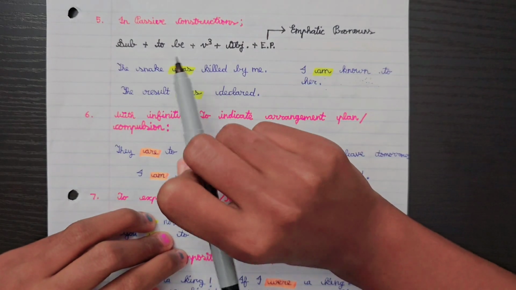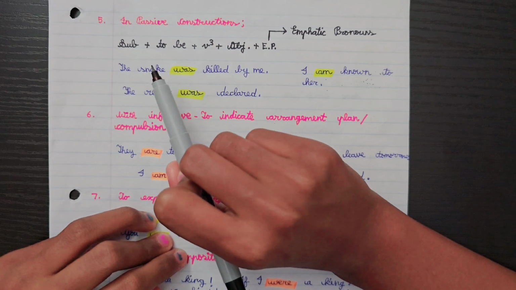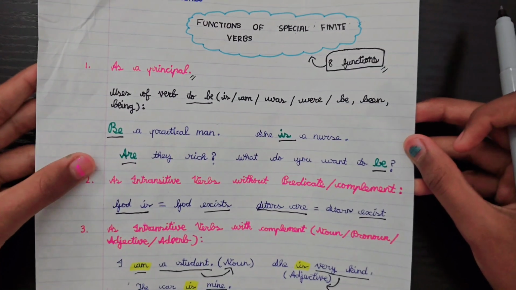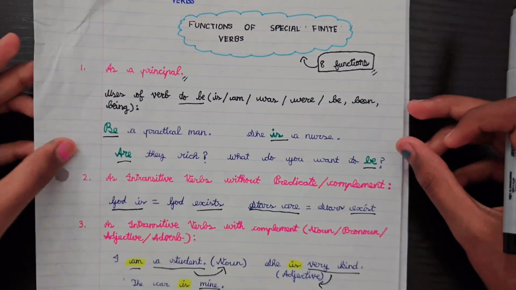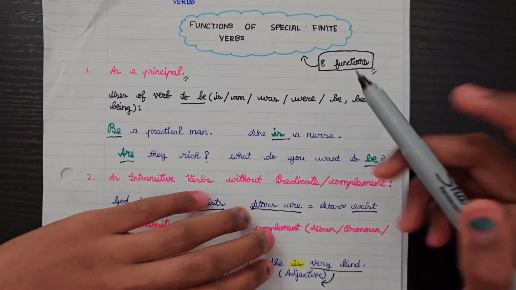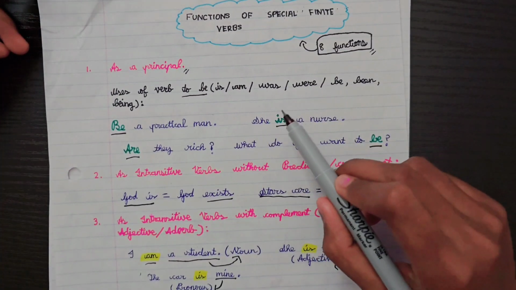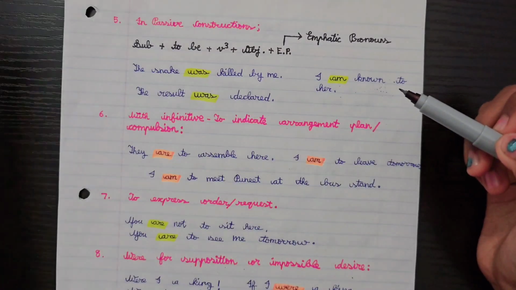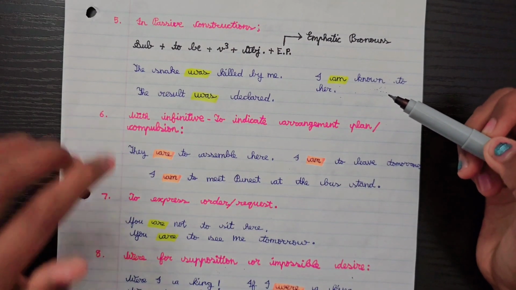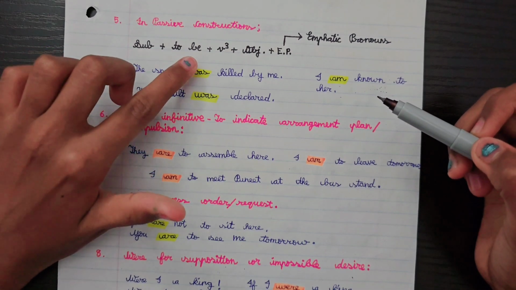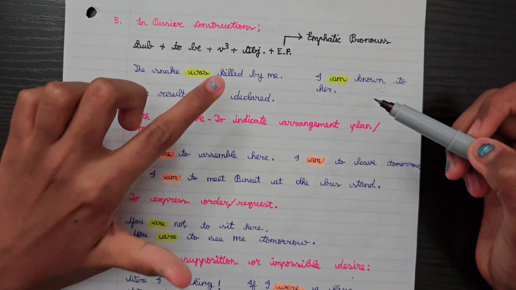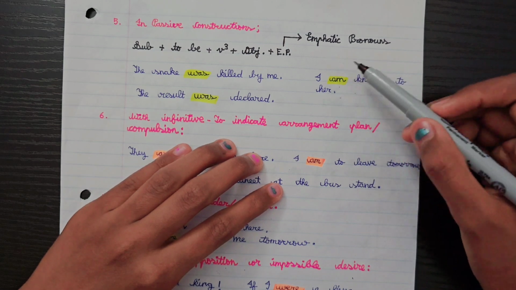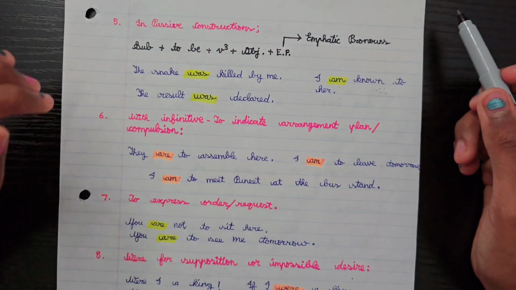Fifth function: in passive constructions. This is how this sentence is: subject plus to be form. So the helping words that come in to be forms are is, am, was, were, be, been, being. So these are the to be forms. So subject plus to be plus verb plus object plus EP. EP stands for emphatic pronouns.